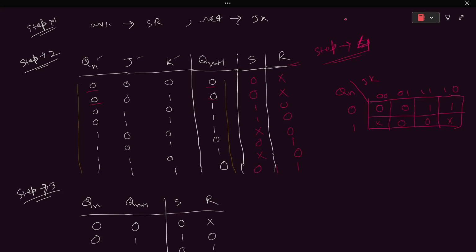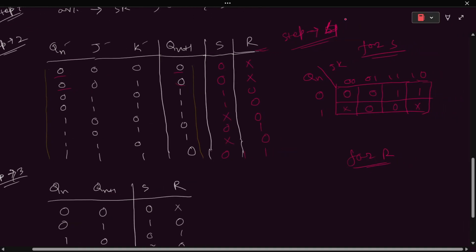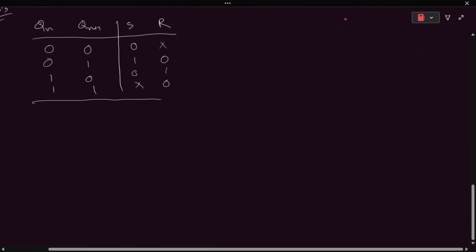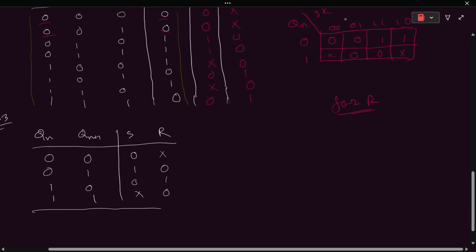So this is for S, okay. We'll find out the expression later. Let's write it for R the same way.